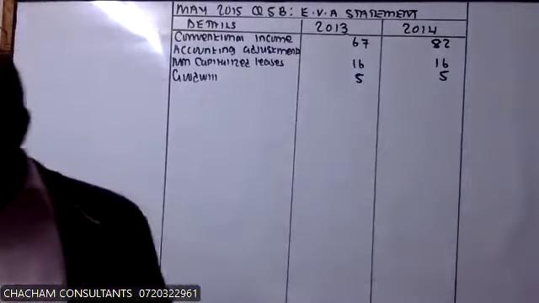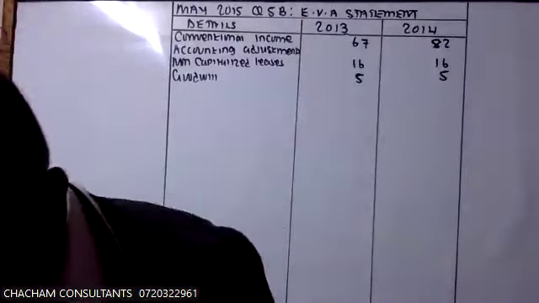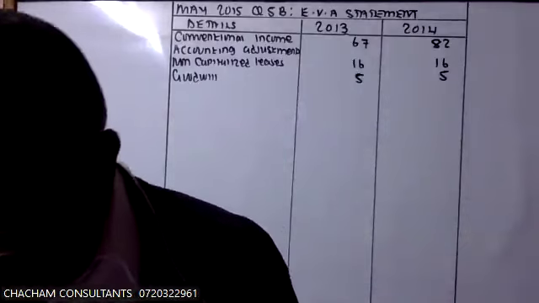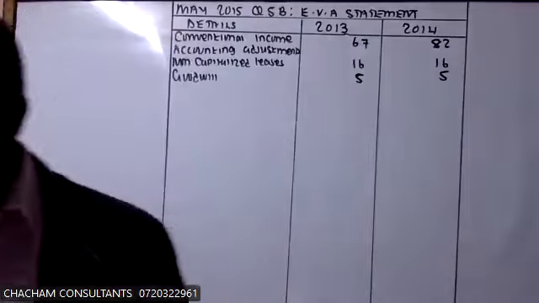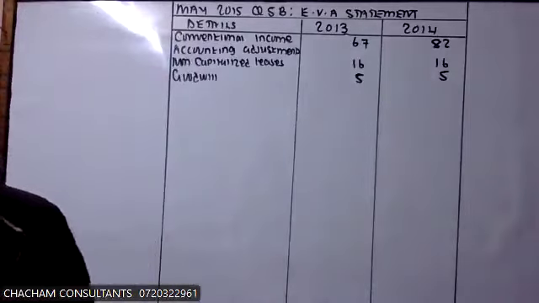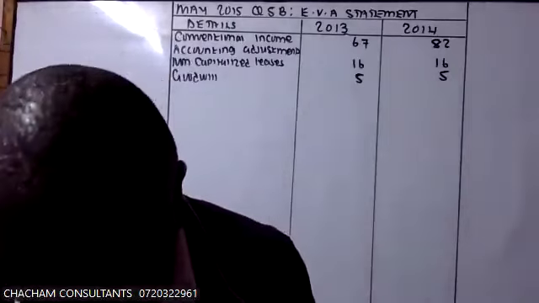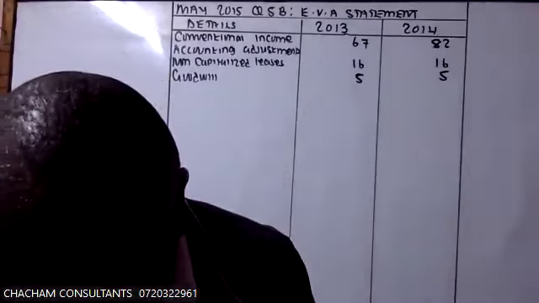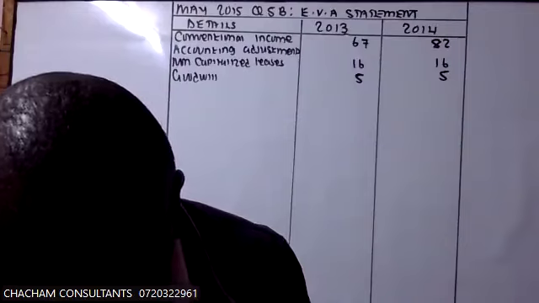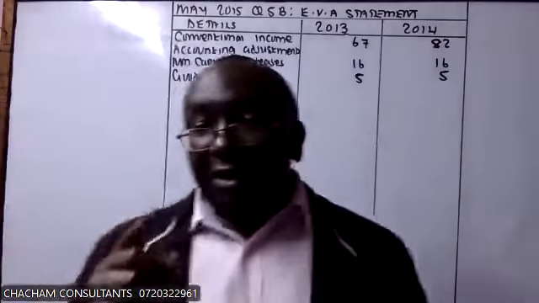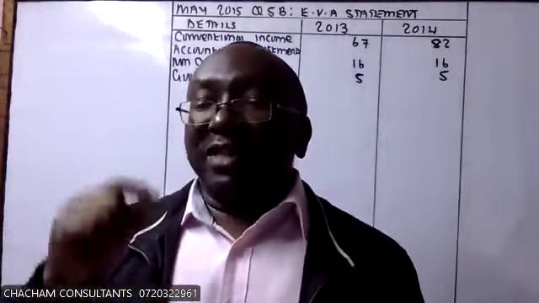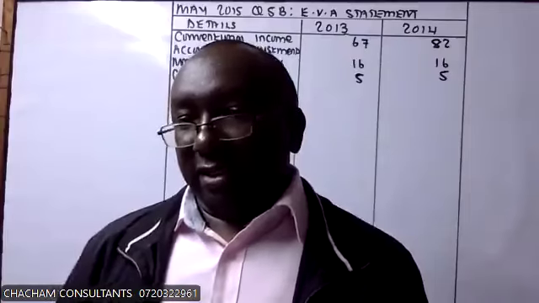Aya, so tulikuwa kwa number 8. Interest payable amounts to 6 million. So if interest payable is 6 million, na hii tumedeal nayo, unaona tumechukua the profit after tax. So if we have taken profit after tax, that means already washatoa interest.